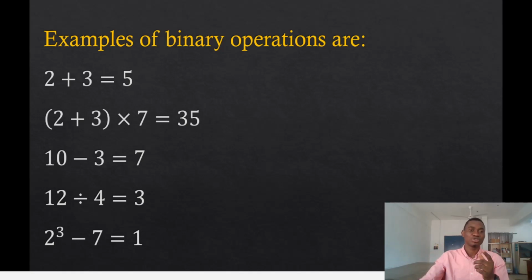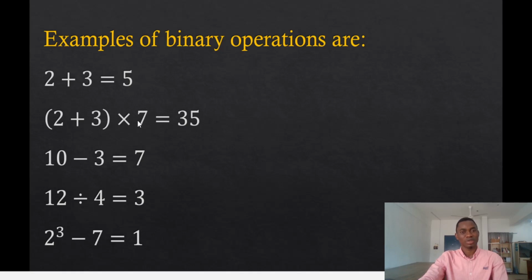The first element is 2, as you can see. The second element is 3. So 2 plus 3 returns 5. Then in mathematics, whatever is inside a bracket is regarded as a collection. So even though you are seeing 3 numbers, 2, 3, and 7, you may think it is not a binary operation.